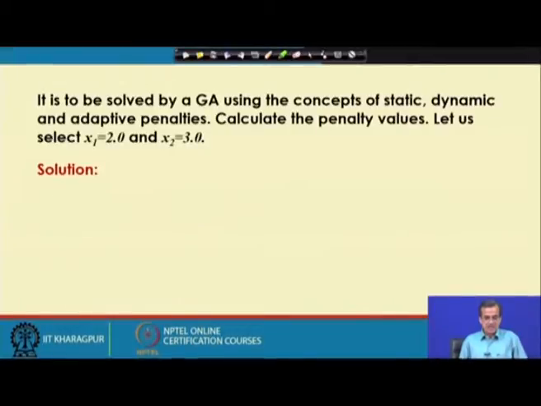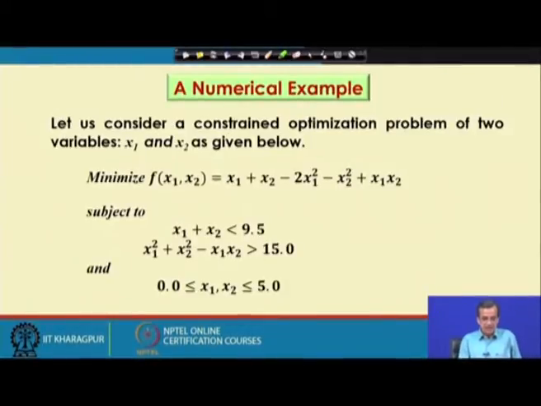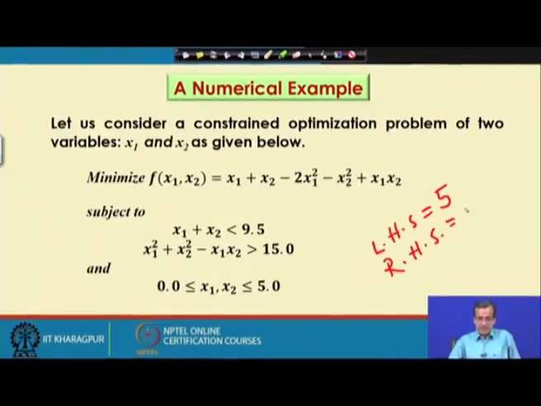The first functional constraint is x 1 plus x 2 is less than 9.5. If I calculate the value of the left hand side for the first functional constraint, it is x 1 plus x 2, that is 2 plus 3, 5, and the right hand side is 9.5, and 9.5 is greater than 5.0.